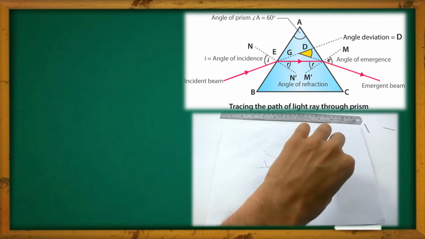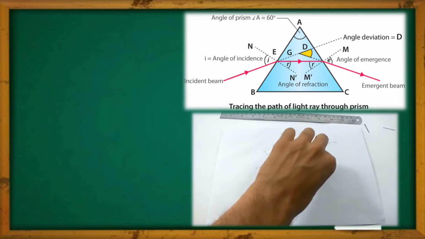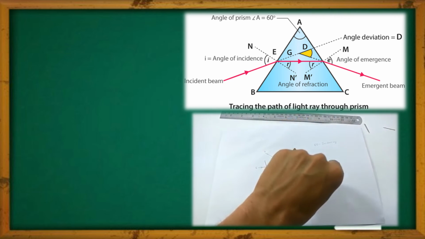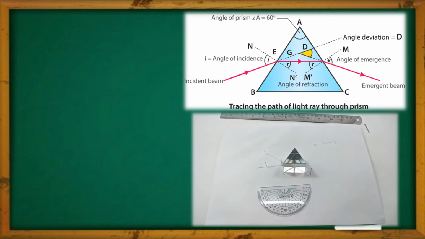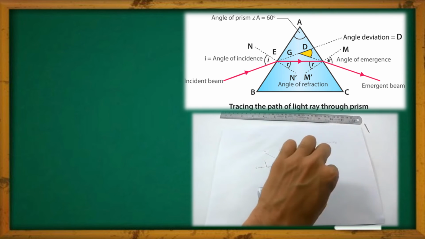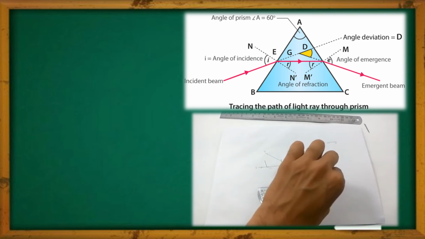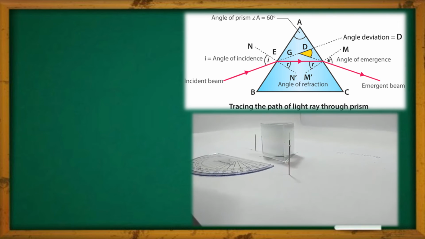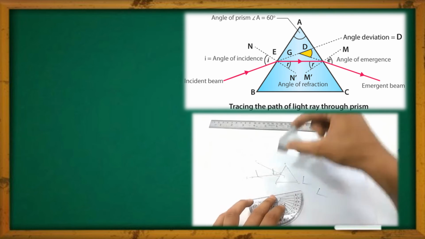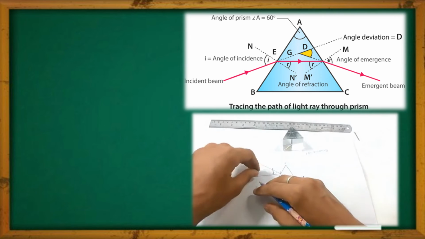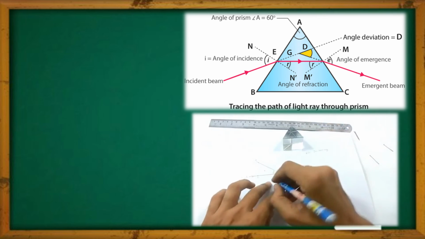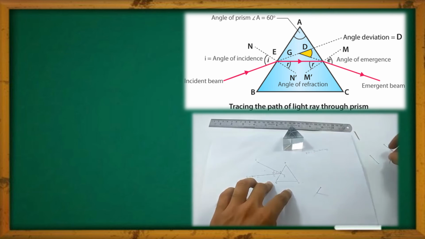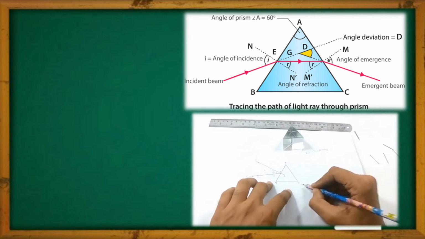Now take another pin and, looking at those 2 pins which you initially put on that line, put the pins. Take 2 more pins and put them so that all the pins look as if they are lying in the same line. You have to see the other side of the prism and decide.